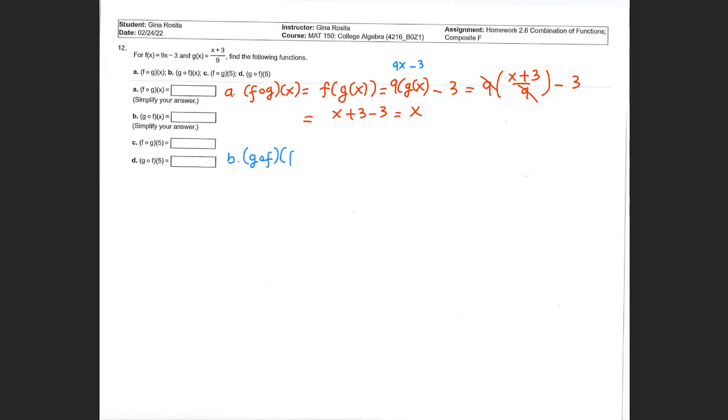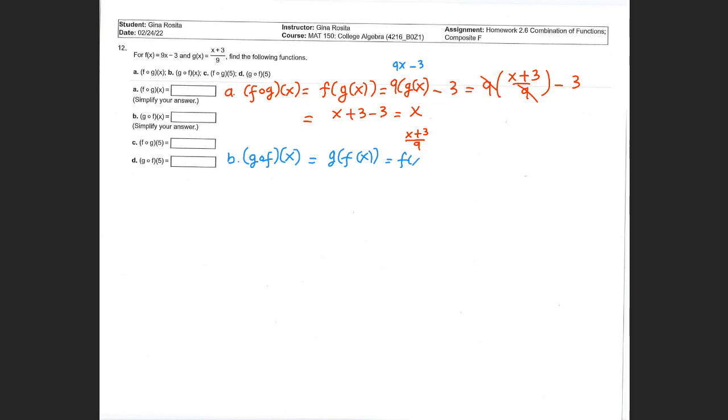Oh, sorry, x. Okay, what's the meaning of this one? G of f of x. Just write down a small note on the top. What is function g? X plus 3 over 9. Now you have to replace x with f of x.